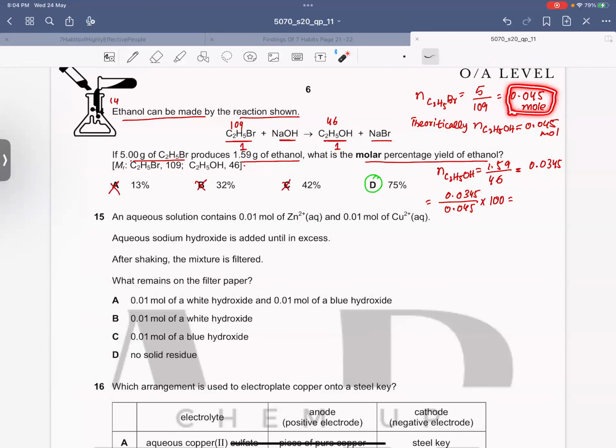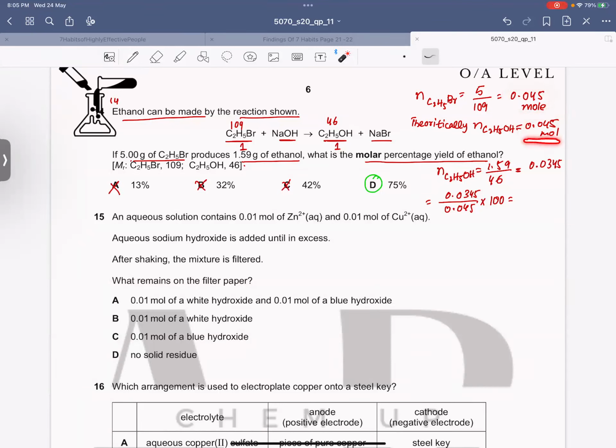Yes, sir. From the equation, the mole ratio between bromoethane and ethanol is 1:1, right? Yes, sir. So it means if there are 0.045 moles of bromoethane, then the ethanol produced must be 0.045 only. Is this understandable?